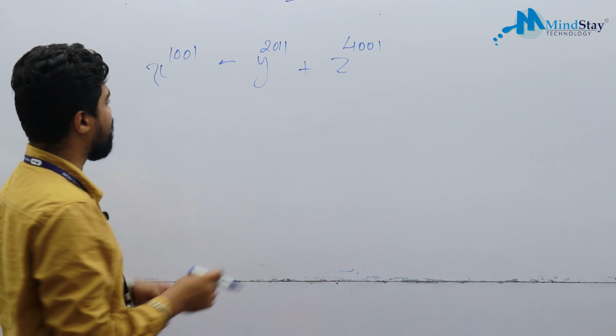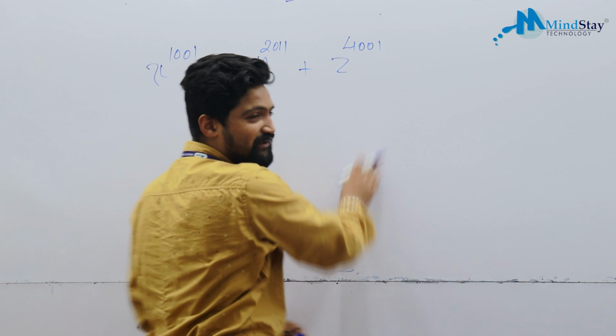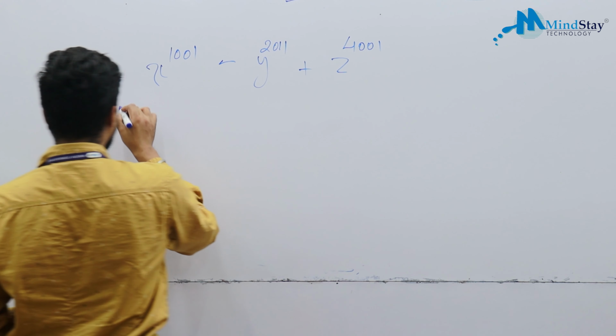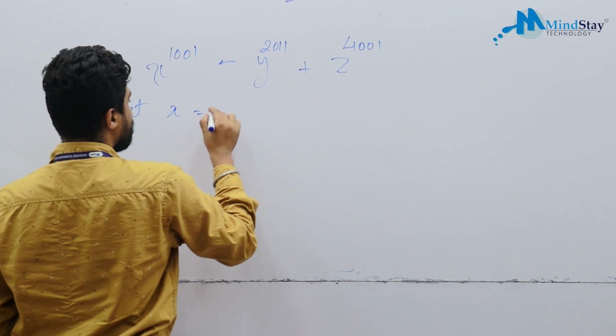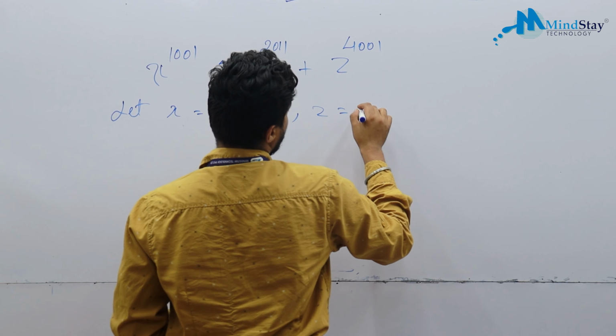This is my question. Multiplying z 4001 times is not happening, right? And let us say x is 2, y is 5 and z is, let's say, 100.